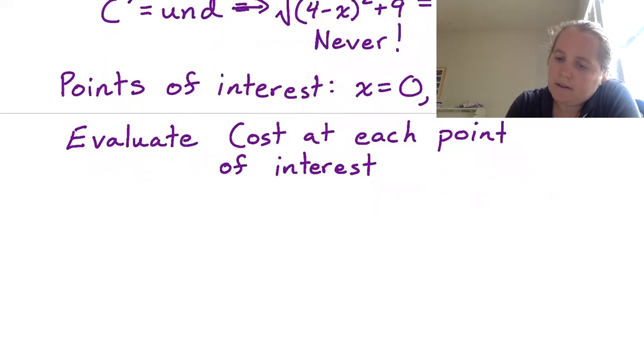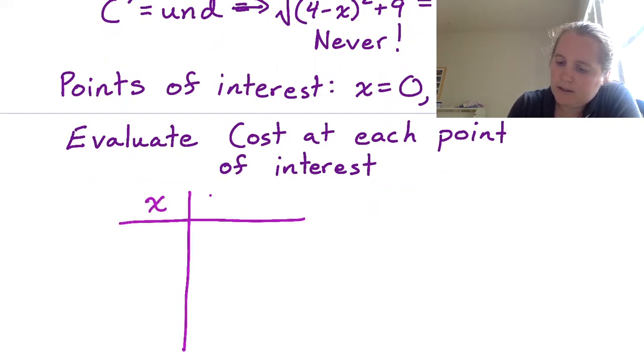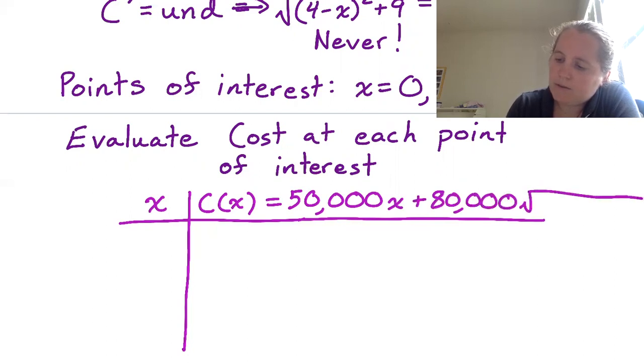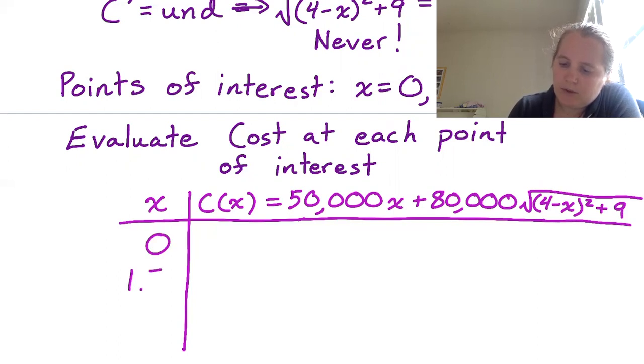So again, we'll have our x and our c of x, which once again was 50,000x plus 80,000 times the square root of 4 minus x squared plus 9. And we are going to evaluate this at x equals 0, that 1.598 we found, I still have the exact number in my calculator, and 4.